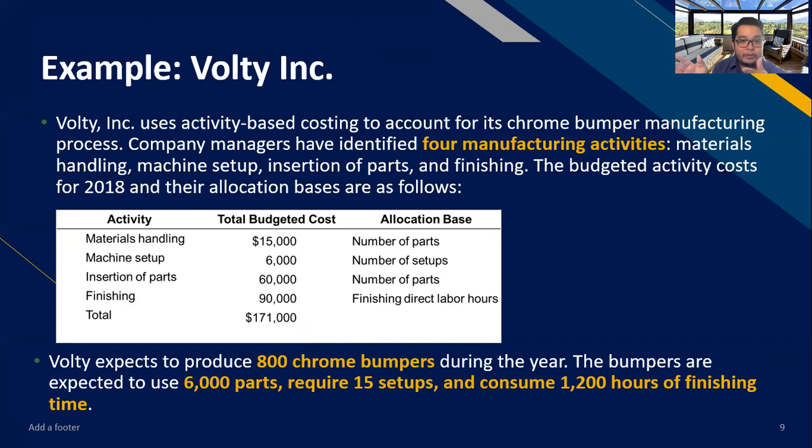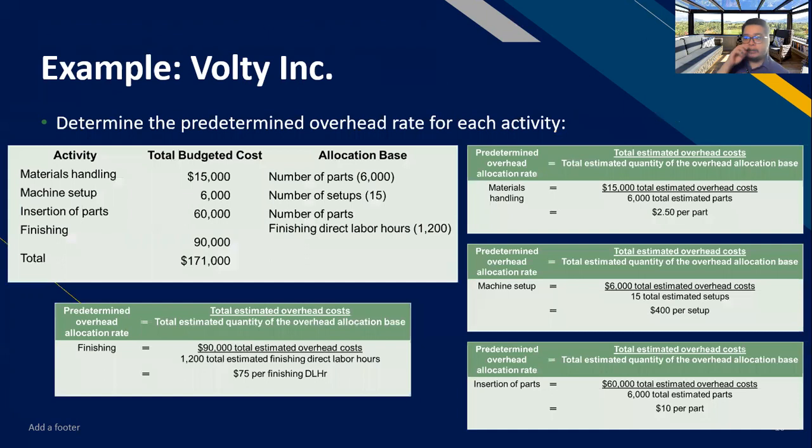Okay, so here you can see that the allocation base is there, and the budgeted consumption of each of those activities for the year are provided. And from there, you know that we are now able to determine the predetermined overhead rate for each activity, right? How do we do that? Then each of the budgeted costs in total will have to be divided by their estimated consumption for the year. Okay? And that's what we do in the next slide.